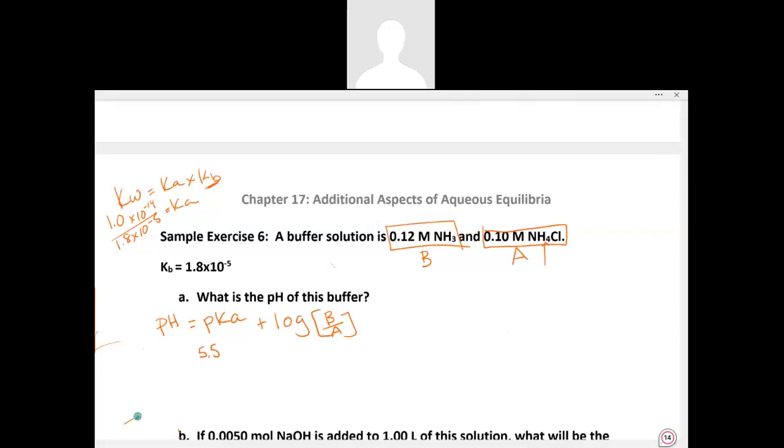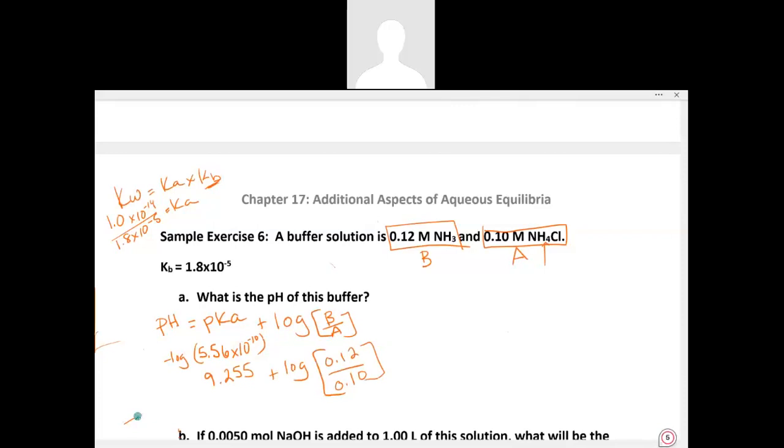5.56 times 10 to the negative 10th. And this is, again, our Ka, so we have to take the negative log of that. And that would turn out to be, we'll keep some extra safety digits here, 9.255. And then for this value here, we can plug in our base, that 0.12 molar, and then divide by 0.10 for our ammonium chloride, our conjugate acid.